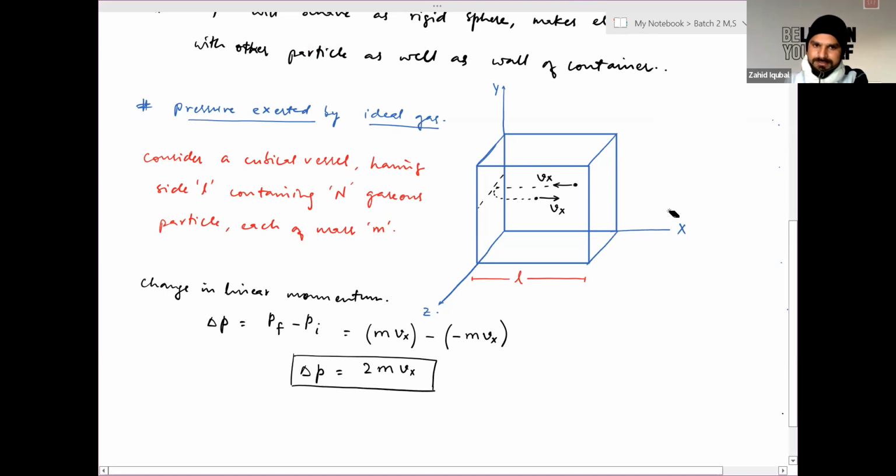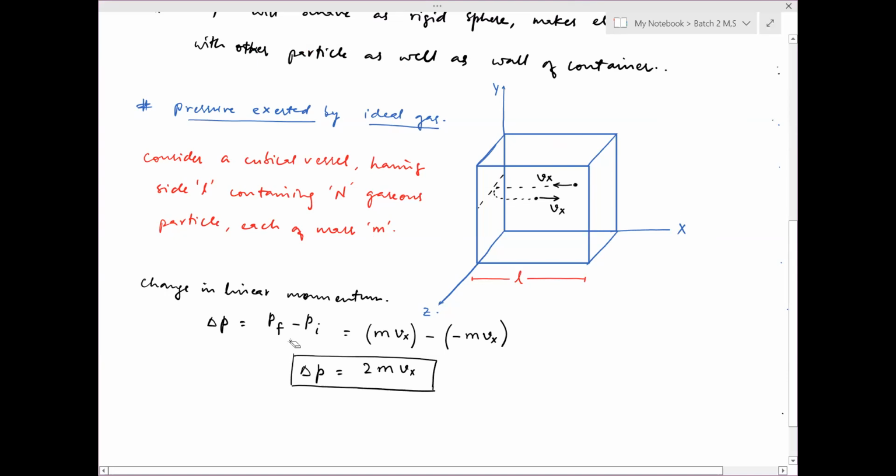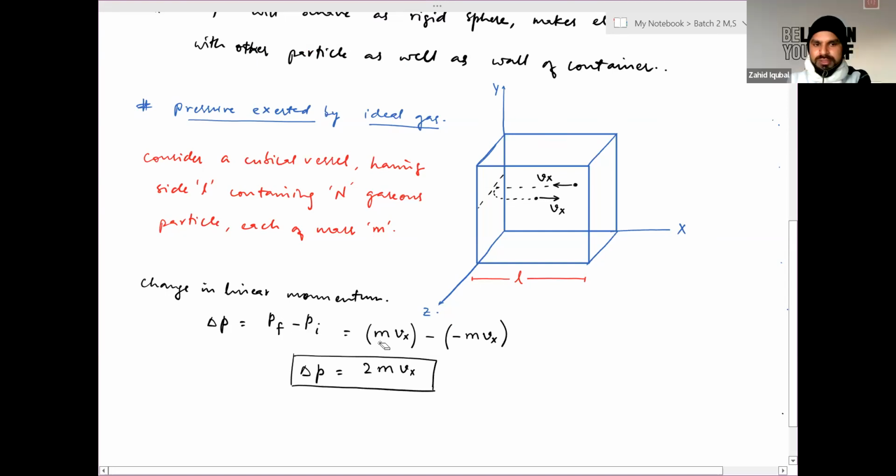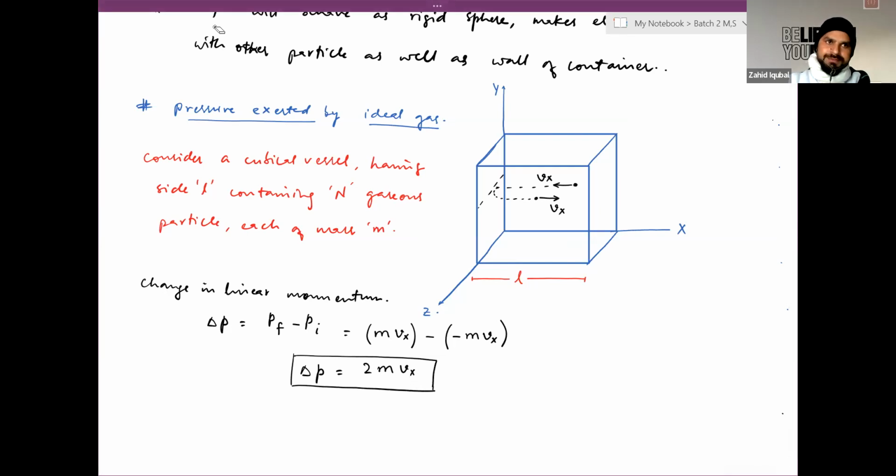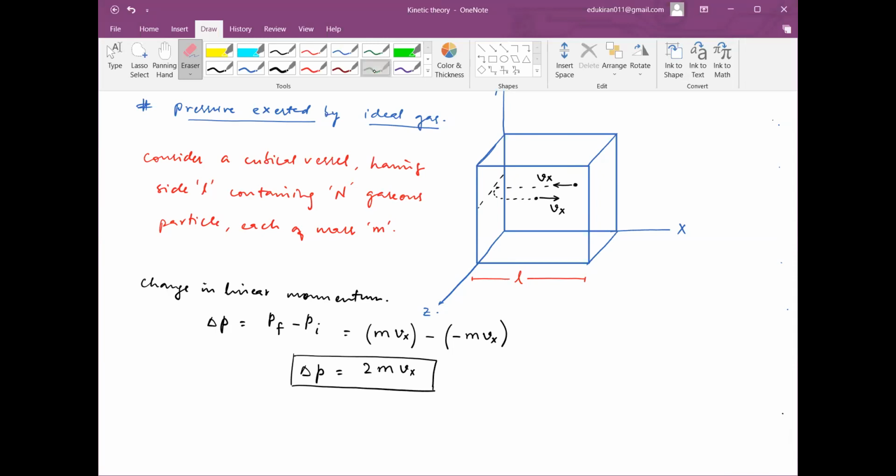Is it clear? Yes, sir. I've just put the value of P final to be positive mvx and initial momentum to be minus of mvx. So this minus and this minus will become plus, so it will become 2 times mvx. Is it clear now? Yes, sir, clear.